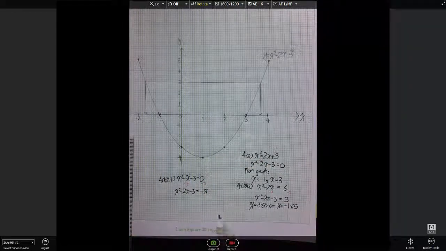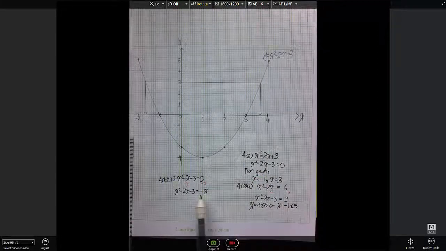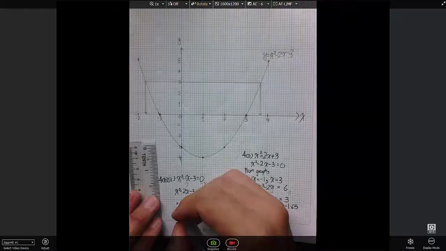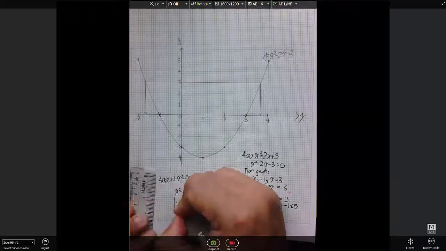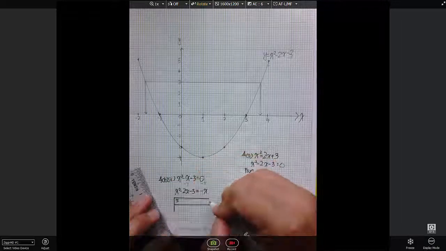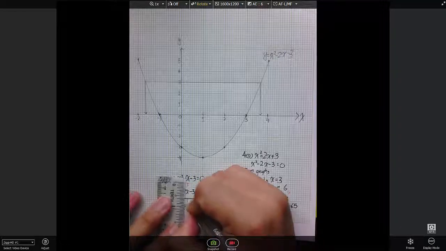A bit more difficult now. Negative x, notice negative x to the power of 1 is actually a straight line graph. So what I need to do is, this graph we already have here, this negative x. To represent negative x down here, what I can do is this: I draw a table of values x, and I say y is equal to negative x.